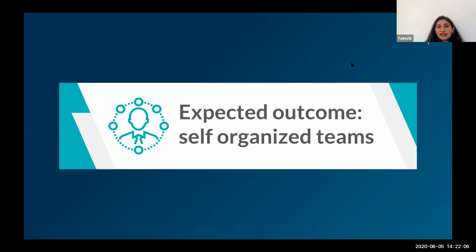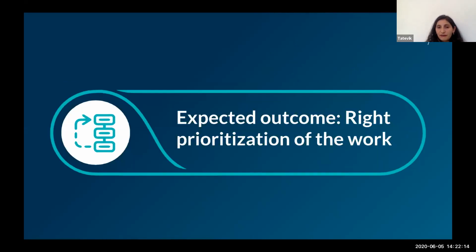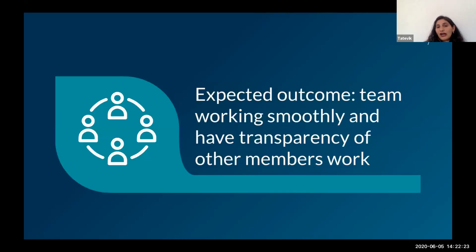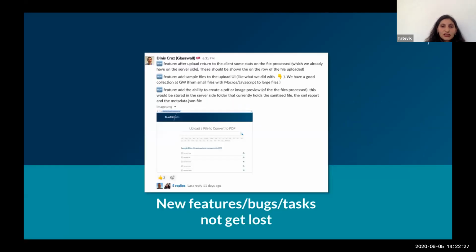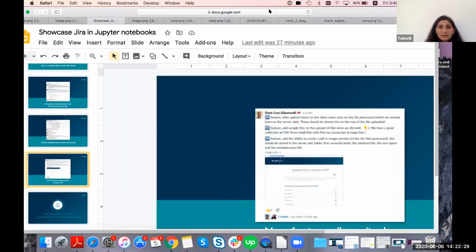I'm sharing with them just reports, what is still there and what they need to focus on, and they really work without any interruptions. And we are getting the right prioritization of the work, and everything in one place, in one database. So this was about the presentation.